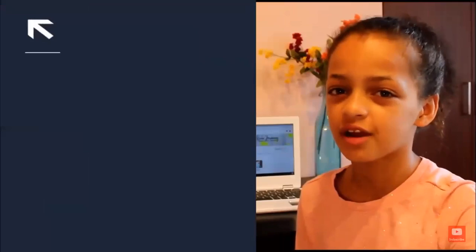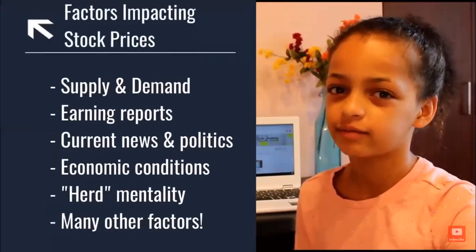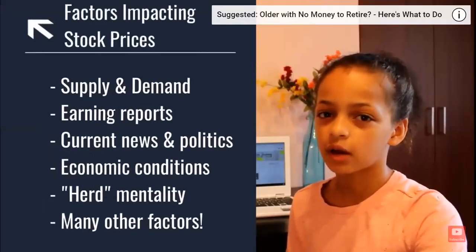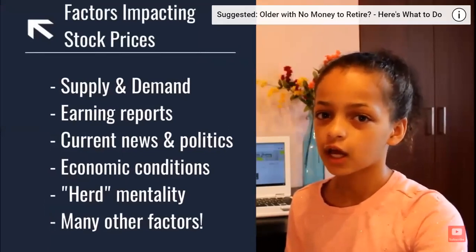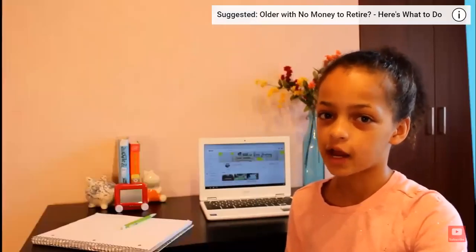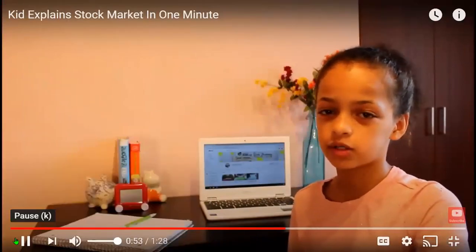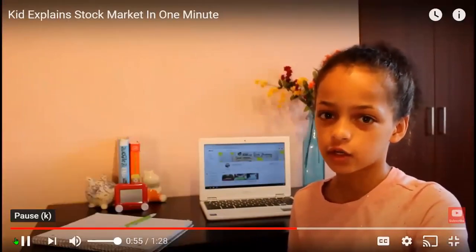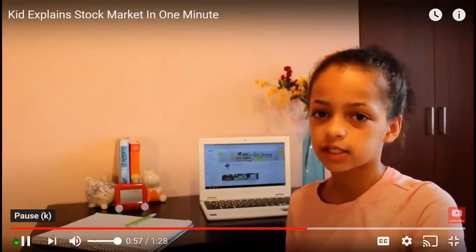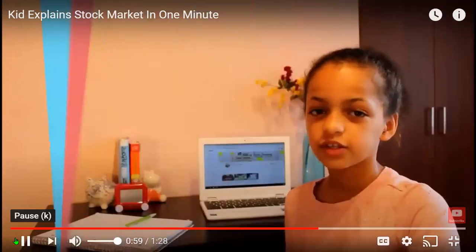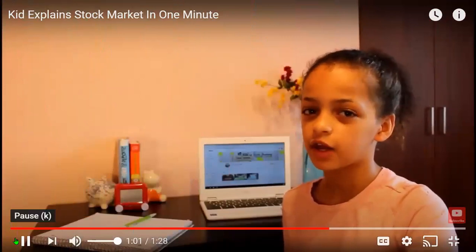The prices of shares constantly go up and down. When shareholders invest in the stock market, they hope they can buy the stock at a lower price and then sell it at a higher price. People who hold on to stocks longer than most, to about 15 years or more, are more likely to succeed in stock markets. So that's it. That's the end of my 1 minute video about stocks.